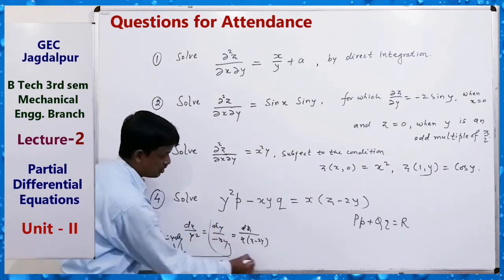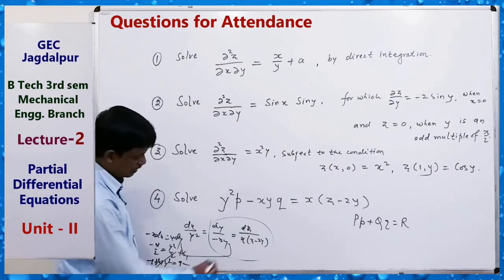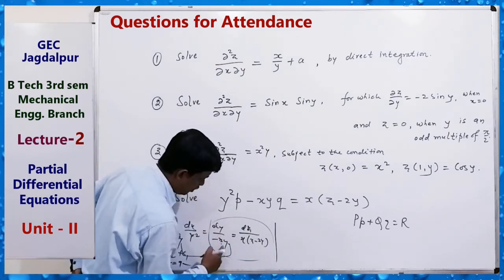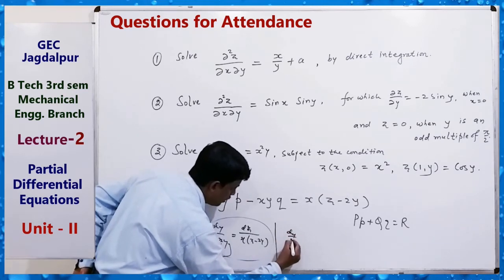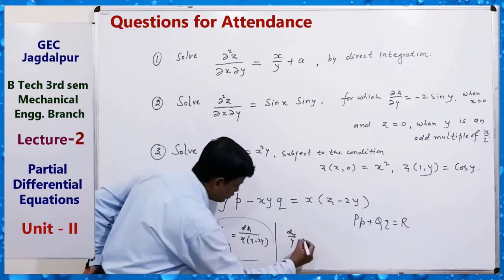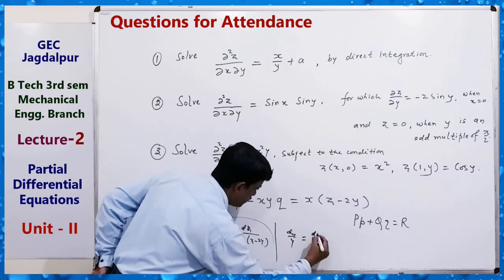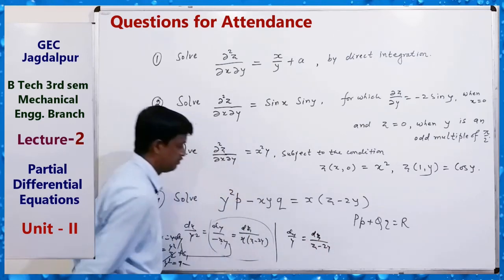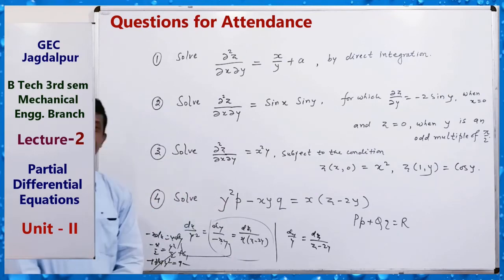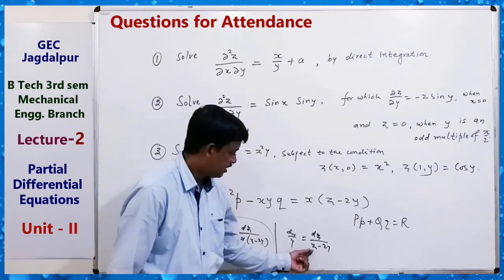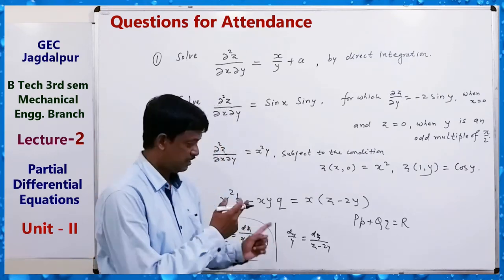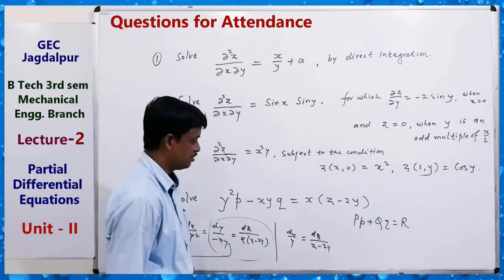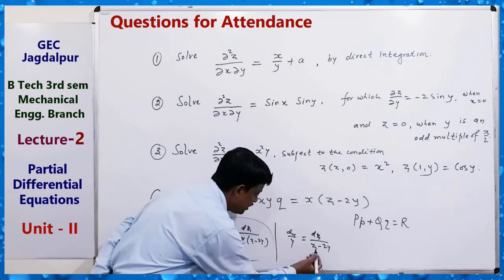Now we see that here x, here x. So taking the last two, we can get x cancel. So we can get dy by y equals dz by z minus 2y. Now how can this equation be solved? By making it an ordinary linear equation. How can we convert it?